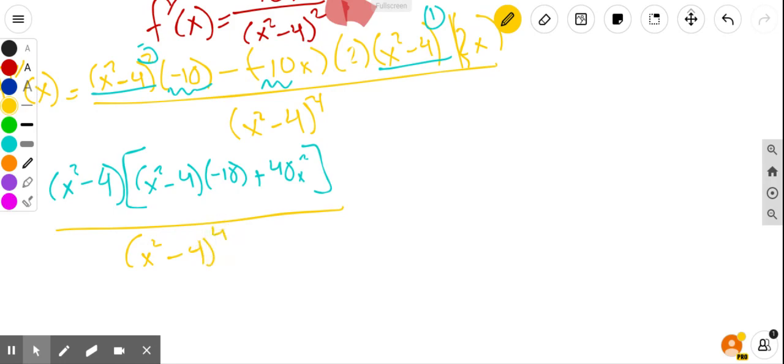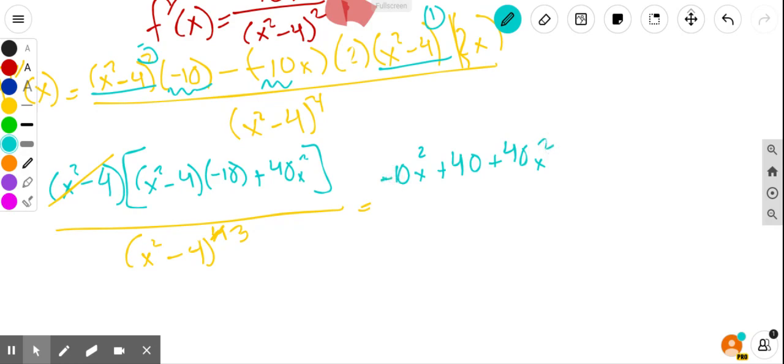And now you can see why I chose not to do that, why I forced myself to go through the chain rule, because I can easily see that this will take out one of these and bring this down to a third power for me. And inside the brackets, I have a negative 10x squared plus 40 plus 40x squared, right?